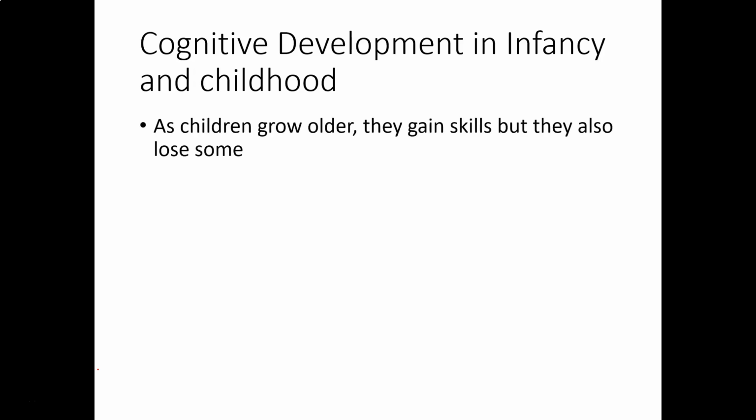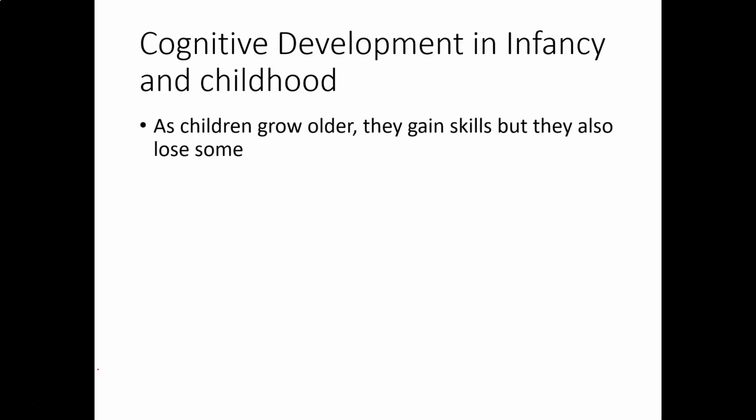So we're going to be focusing on how intellectual or cognitive development occurs or transitions through childhood. That's not to say that cognitive development does not persist beyond childhood, but that's what we're going to be focusing on since a lot of the research about cognitive development has focused on infancy and childhood.